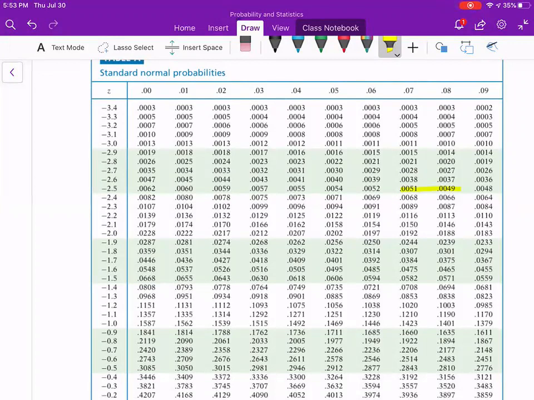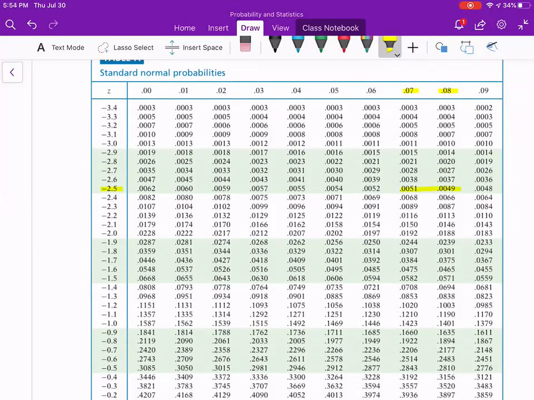I could see that in that row, that corresponds to a Z-score of negative 2.57 and negative 2.58. Now, since 0.005 is in between those probabilities, a good estimate for its Z-score is going to be the Z-score in between those two Z-scores.